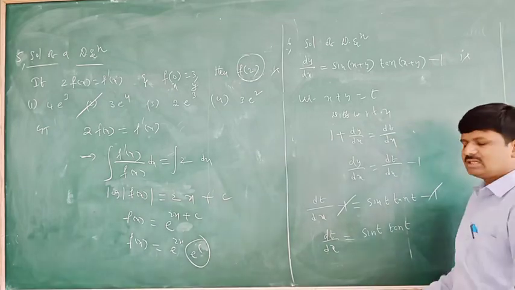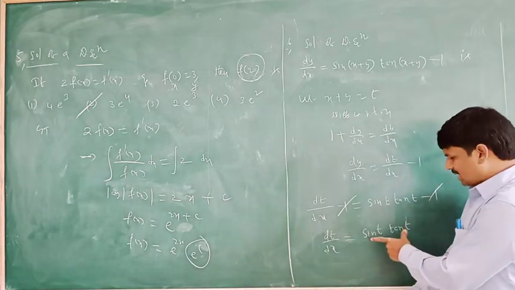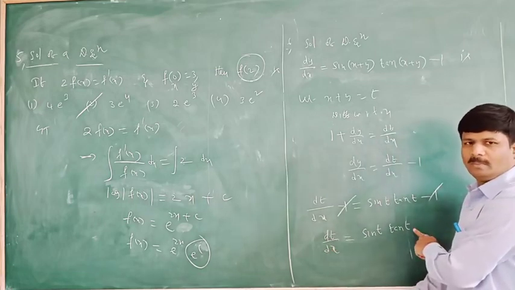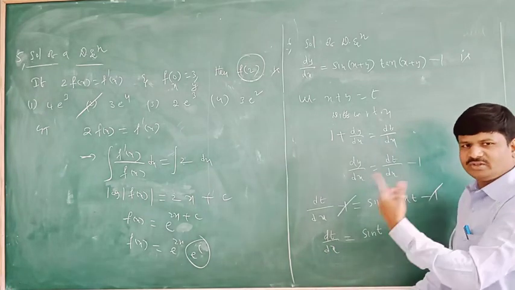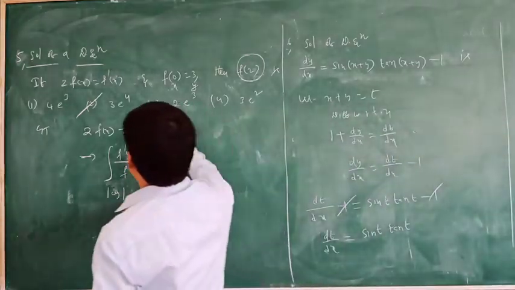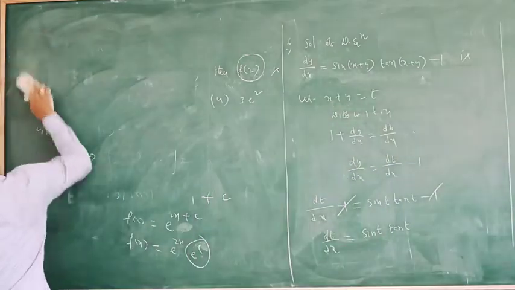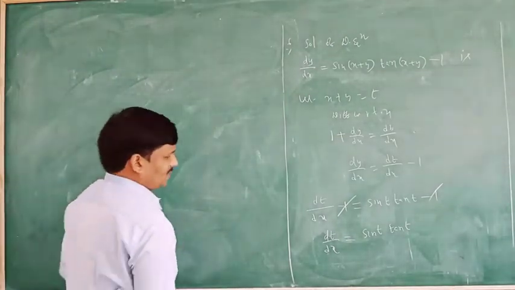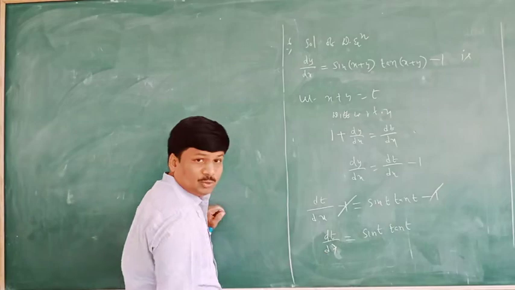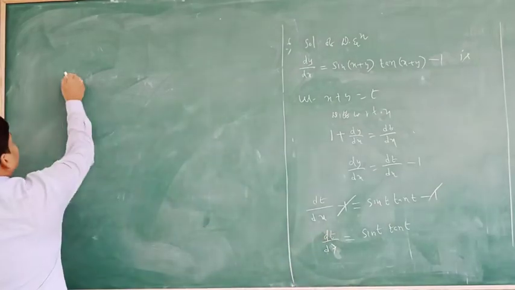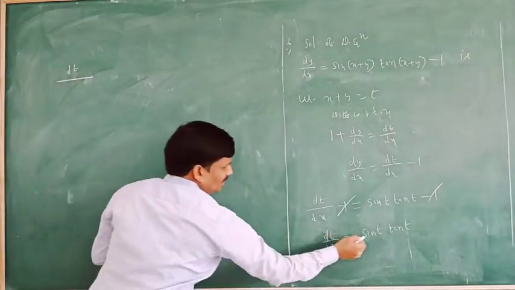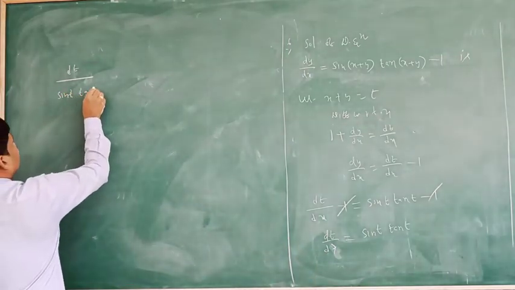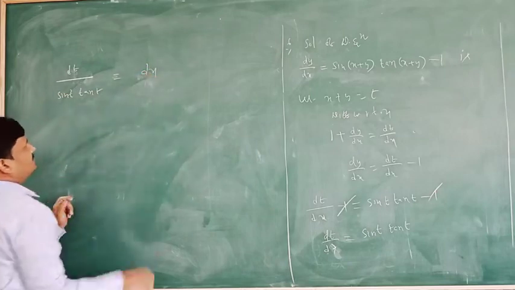Why do we say variable separable here? It is easy to transfer to the dt side, and dx is alone, with no x terms. That is why it converts into the variable separable method. How do we solve it? Separate: dt divided by sin t into tan t is equal to dx.